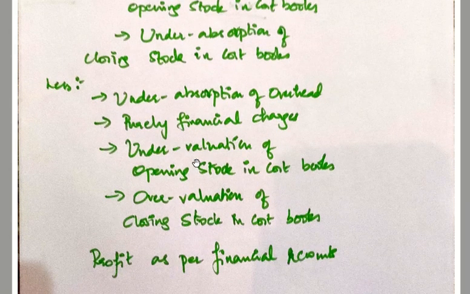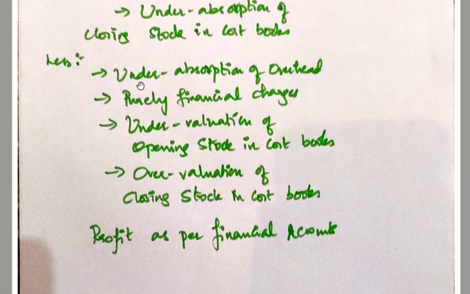Now what all needs to be minused? Under absorption of overheads. If the expenses are charged less in cost books, then it will be under absorption of overhead expenses, and that will be minused. Purely financial charges, the expenses which are purely financial in nature, will be minused.